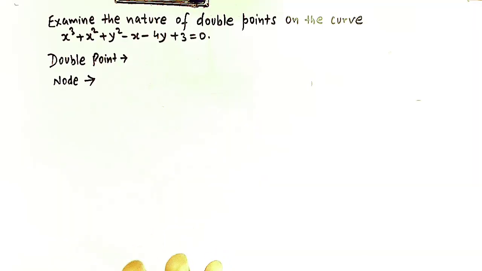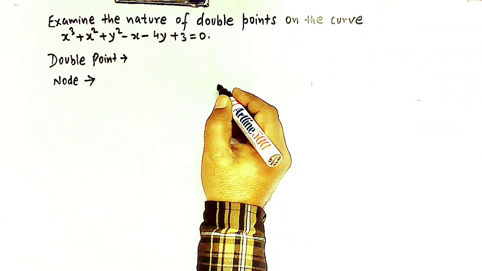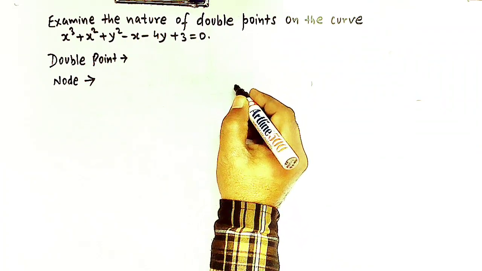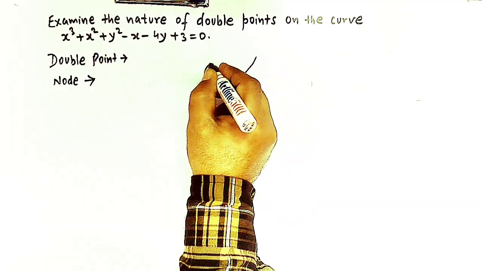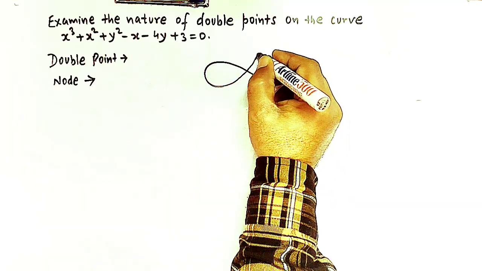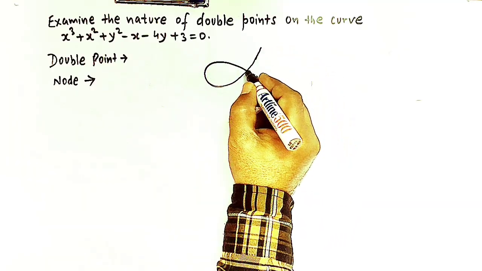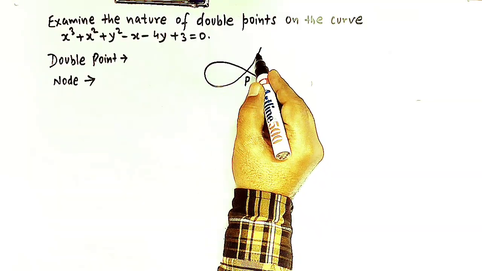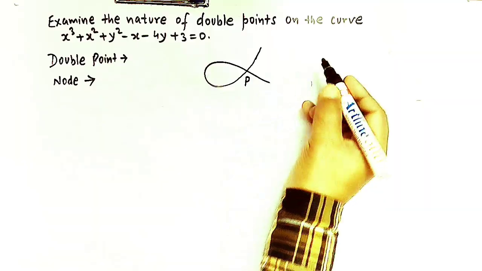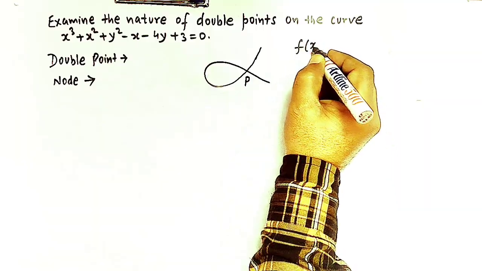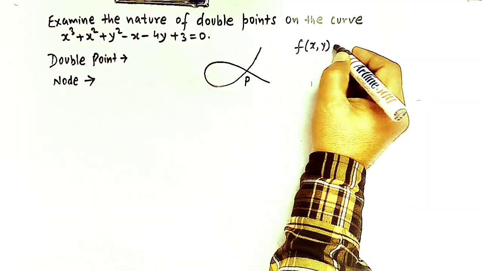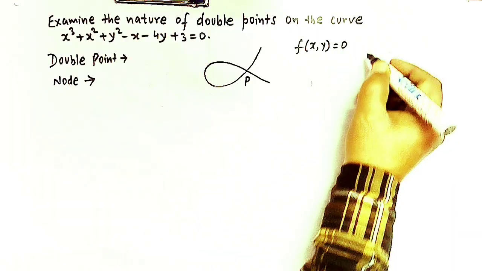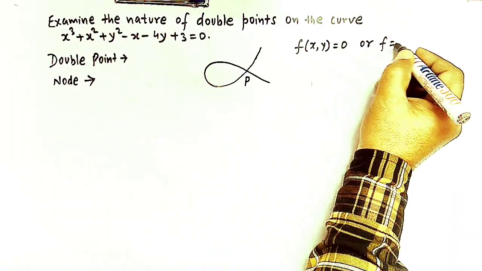So a point on a curve through which two branches of the curve pass is called a double point. For example, let us consider a curve like this. Suppose we have a curve like this, and here we can see that at this point P, we have two branches of the curve, right? So let us consider the equation of the curve as f of x comma y is equal to 0, or simply f is equal to 0.